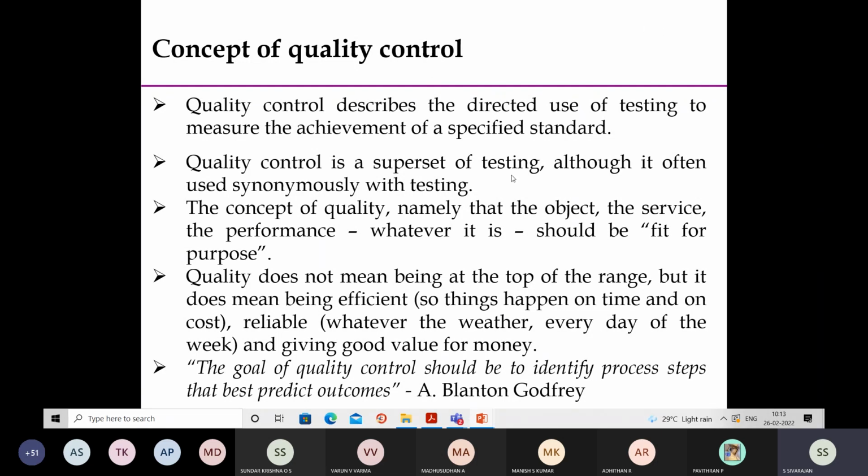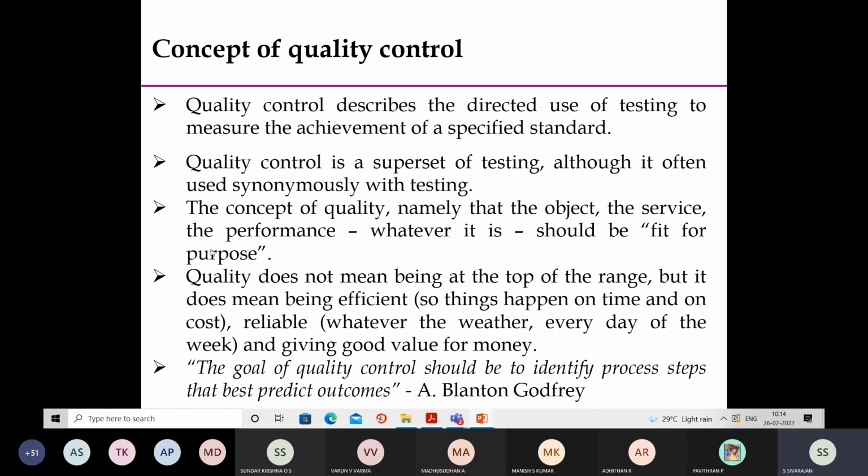So what is quality control? It's a superset of testing, although it is not often used synonymously with testing. Inspection and testing are different, and quality control is different. In certain cases we have to do 100% inspection, and there is a small difference between quality control and inspection.